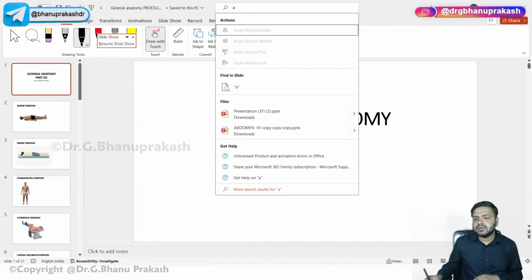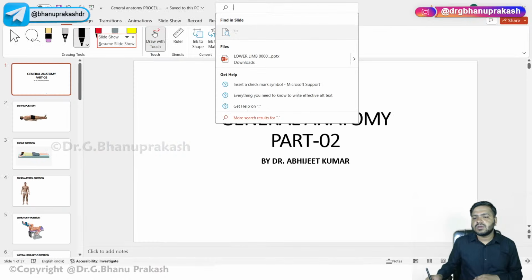Let me just write it over here. So you already know that this is the normal anatomical position. Yes, Sushan, very good. Subhajit, very good.